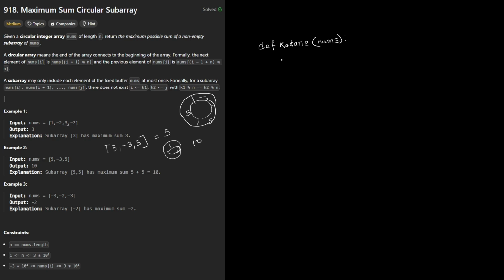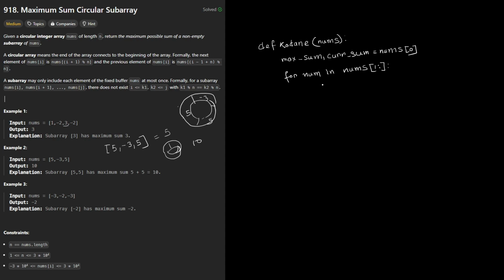The maximum sum and our current sum are going to be the initial value, so it would be nums of 0. Now I can loop through, for num in nums. I've already taken the 0th element, so I can loop from the first one.